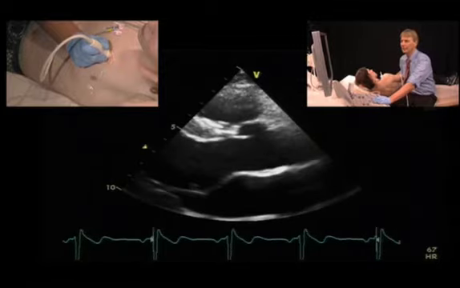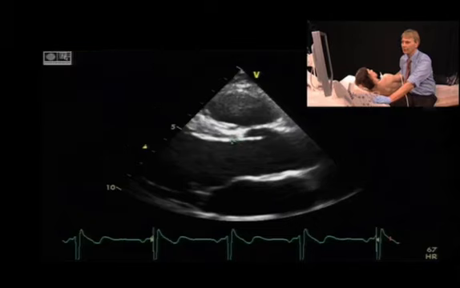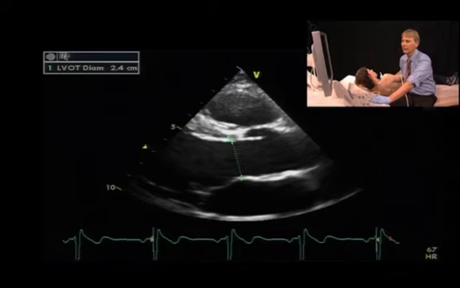Then you freeze the image and measure the LVOT exactly during systole, so when the valve is open, just below the aortic valve. So in this case, we're getting a diameter of approximately 24-25 millimeters.